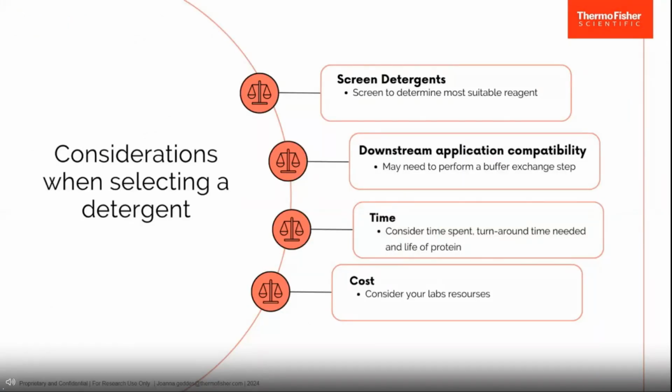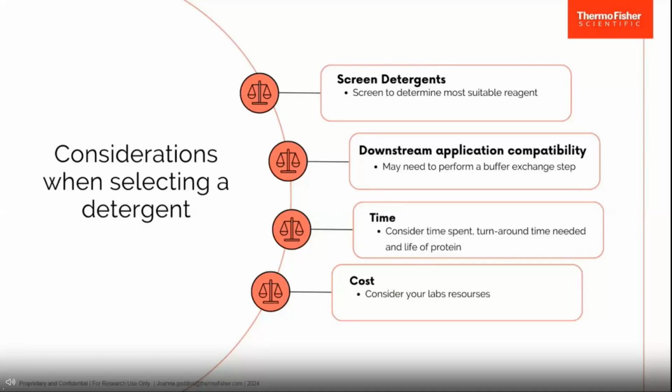Careful consideration of several key factors can help to narrow down your screening. Compatibility with downstream application must also be ensured, as certain detergents may interfere with certain analytical techniques. Ideally, the detergent used for solubilization will be maintained throughout your purification process, and oftentimes this is not the case, and you need to do a buffer exchange step to ensure compatibility with your downstream application.